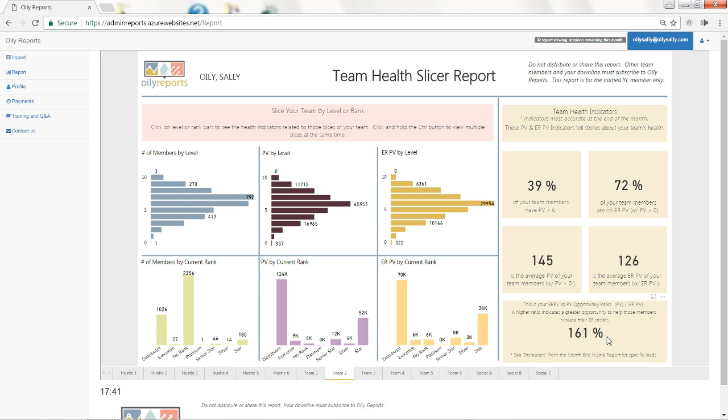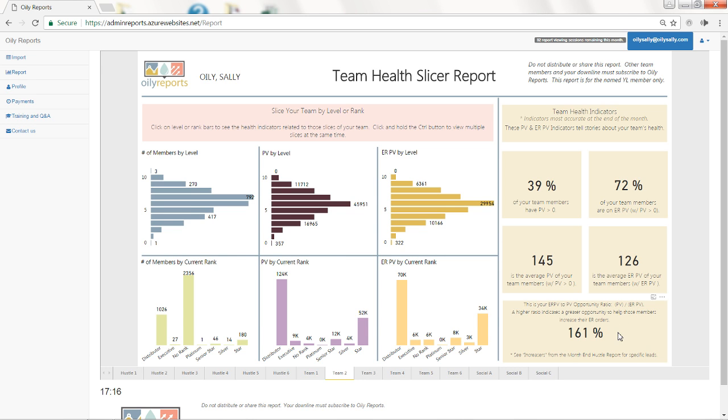And then the last one is your opportunity ratio. A ratio is nothing more than a story about two numbers, and in the health of your Young Living business, ER and PV are two important things to be tracking. When you take your PV number and divide it by your ER PV number for your total team, you get what I call the opportunity ratio.